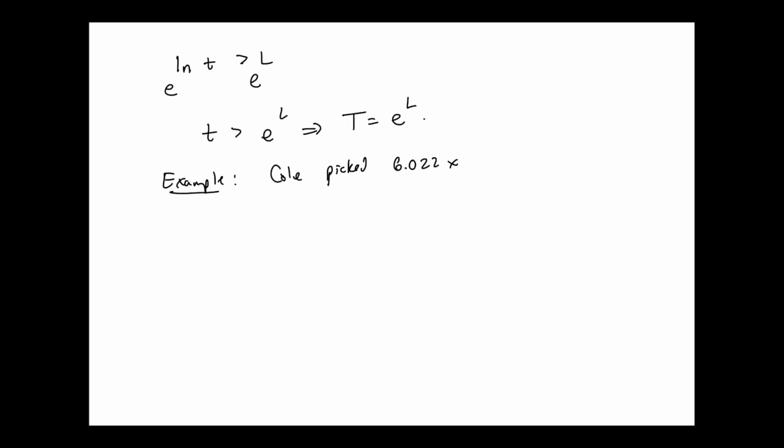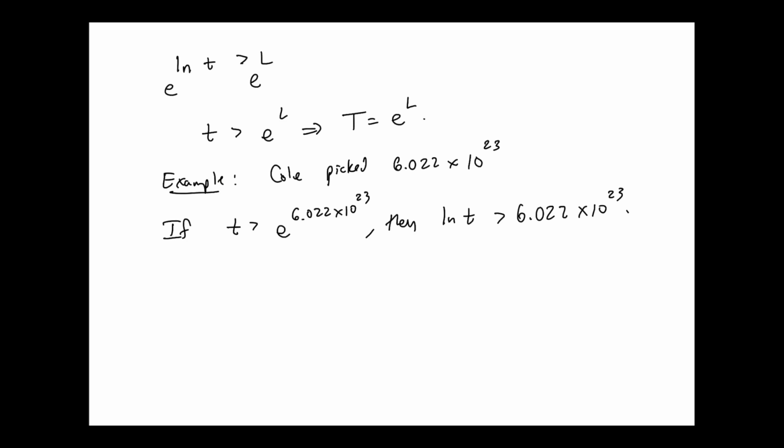It's a big number. If t is bigger than e to the 6.022 times 10 to the 23rd, then log t is greater than 6.022 times 10 to the 23rd. And therefore, 6.022 times 10 to the 23rd cannot be the limit.